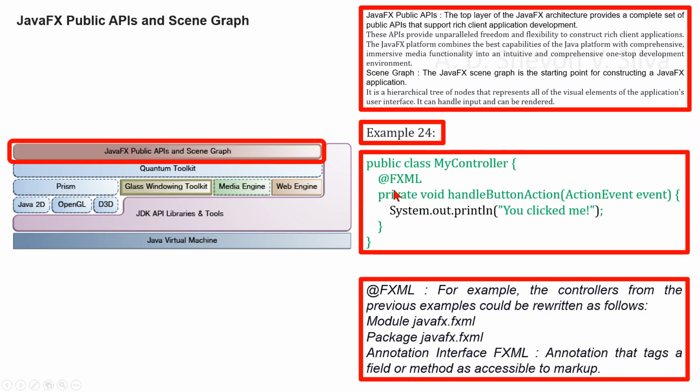Now we are considering @FXML. For example, the controllers from the previous examples could be rewritten as follows. The annotation interface FXML in package javafx.fxml in module javafx.fxml is an annotation that tags a field or method as accessible to markup.